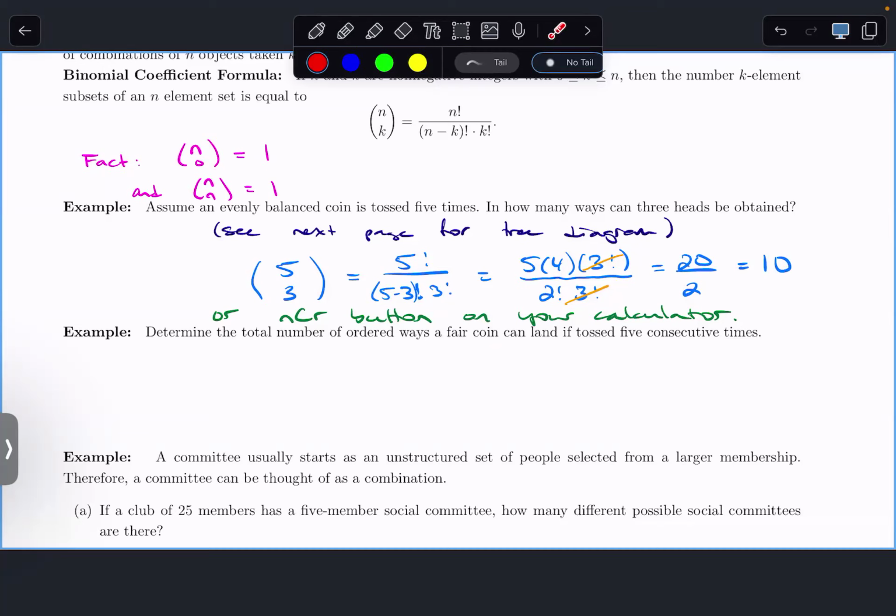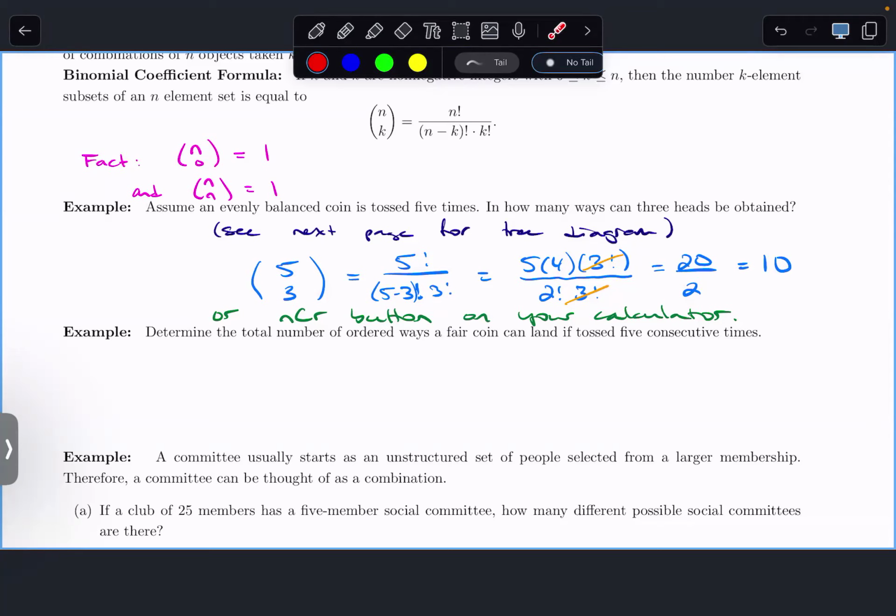If I toss a coin 5 times, then if we talk about heads again, because we talked about heads, talking about tails would be the same, right? But we only need to talk about one of those scenarios. I could have all 5 heads, or I could have 4 heads, or I can have 3 heads, or I can have 2 heads, or I can have 1 head, or the one that we love to forget is I could have 0 heads. That's an option.